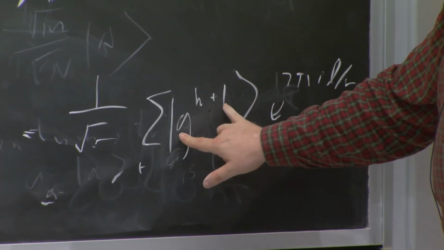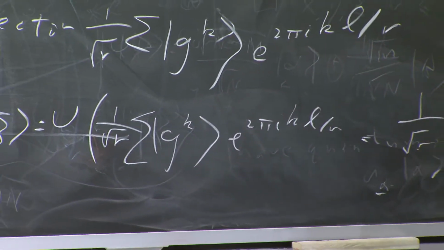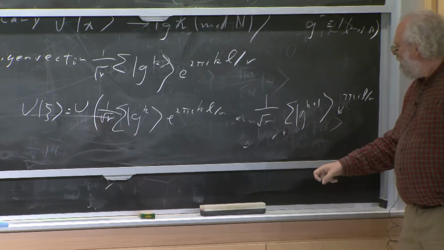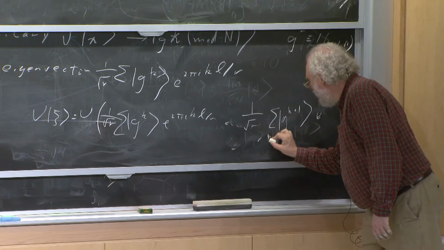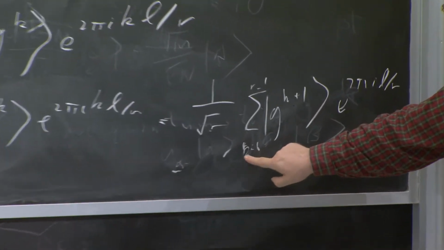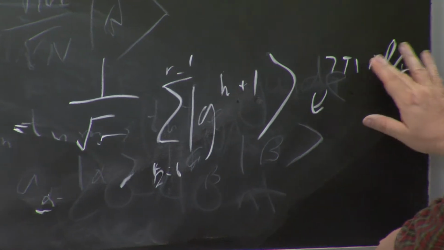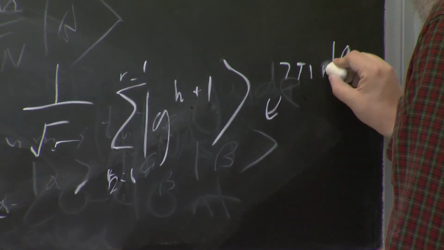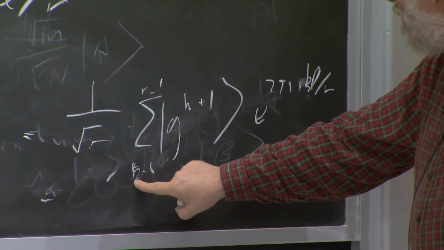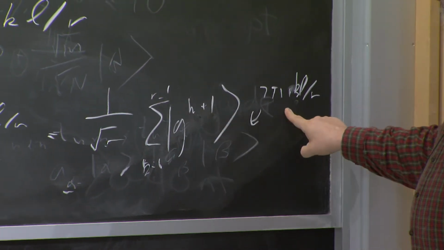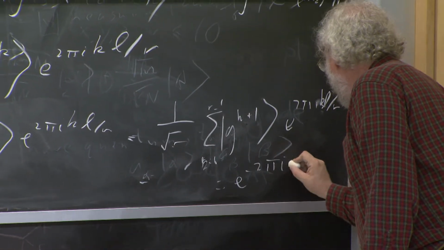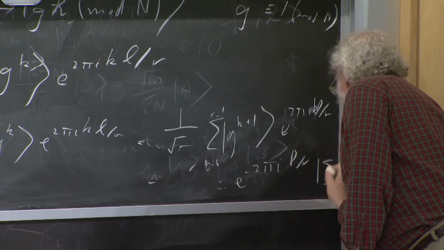But you can get from g to the k plus 1 back to g to the k by rewriting the index of the sum, k from 0 to r minus 1. Taking k prime equals k minus 1, this is equal to e to the minus 2 pi i L over r times the original sum.